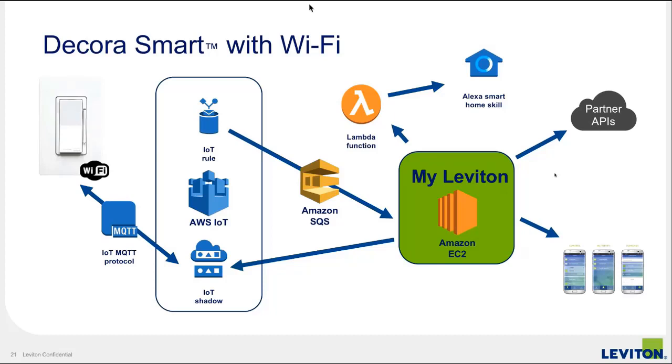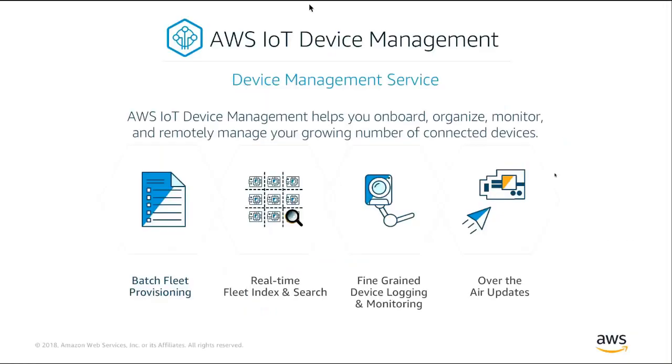So now that we've covered a lot of AWS IoT Core, I do want to jump into two other AWS services, AWS Device Management, and in a few slides, AWS Device Defender. With AWS IoT Device Management, the service helps customers onboard, organize, and monitor their applications once they're deployed out to the field.